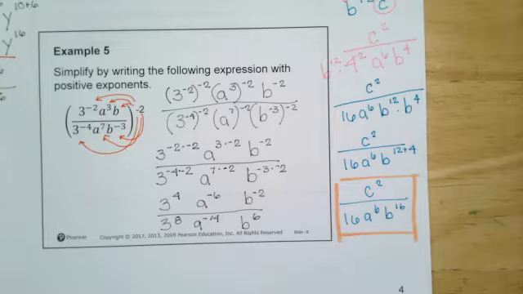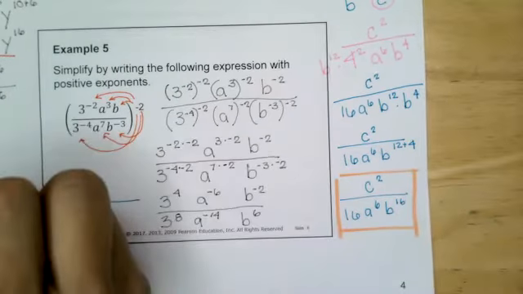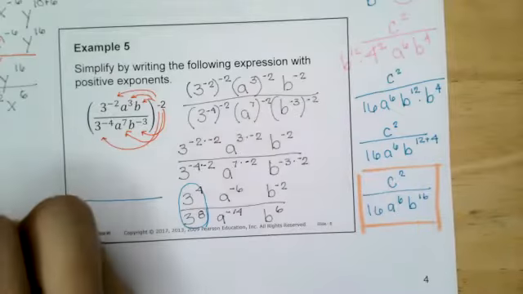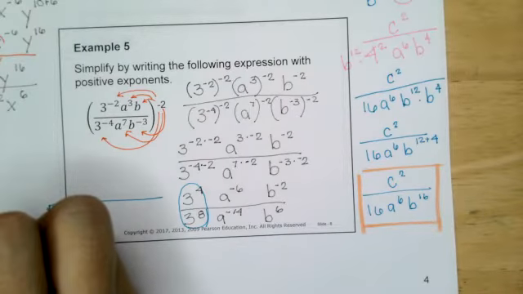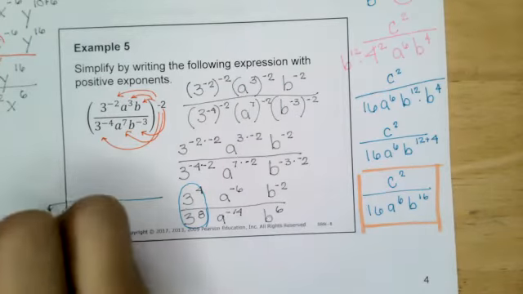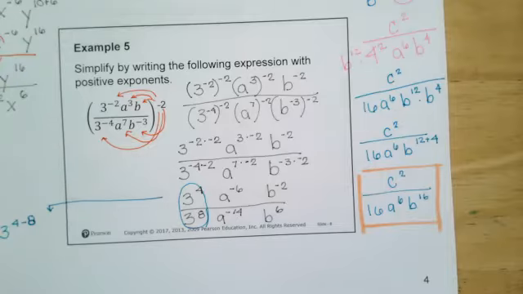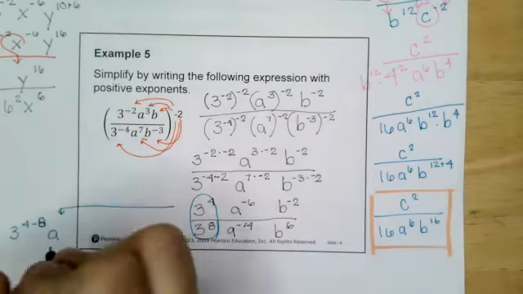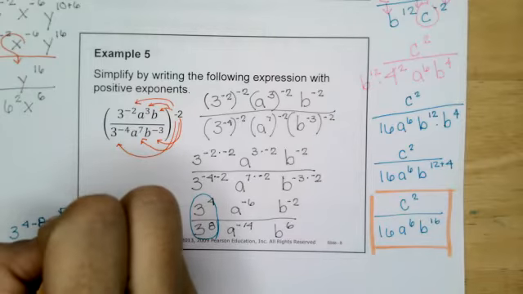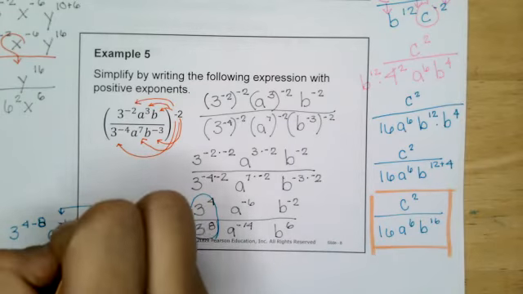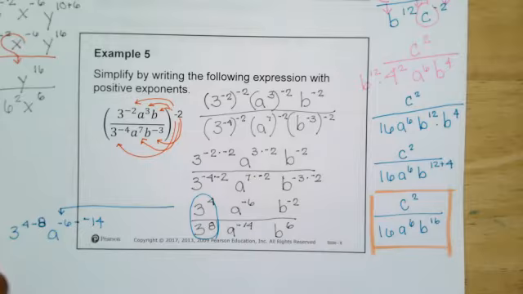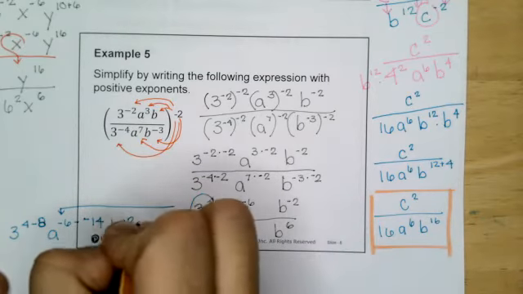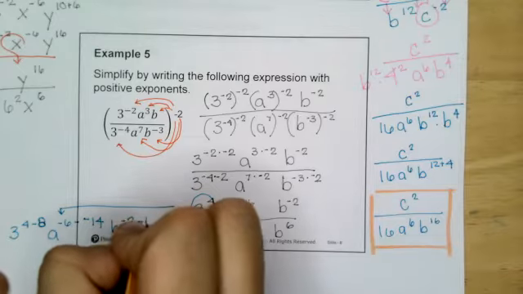So at this point, you can either say 3 to the power of 4 minus 8 times a to the power of -6 minus -14 times b to the power of -2 minus 6.